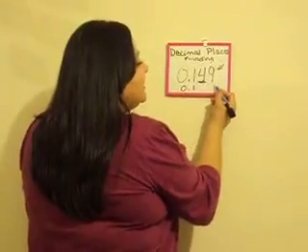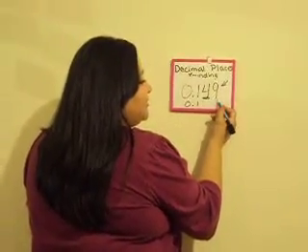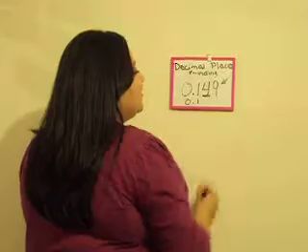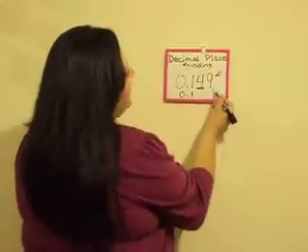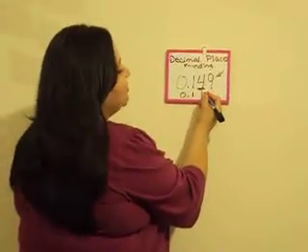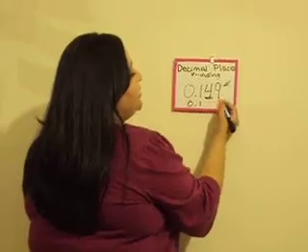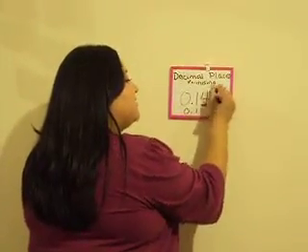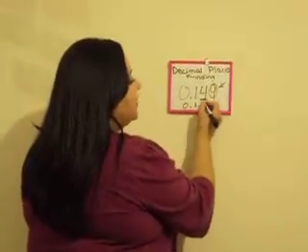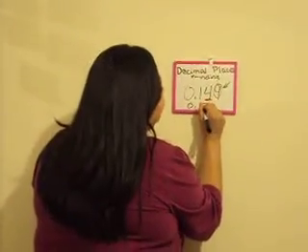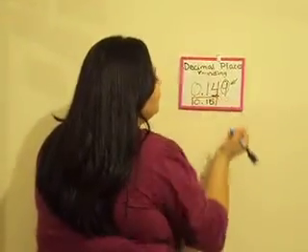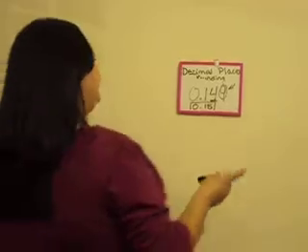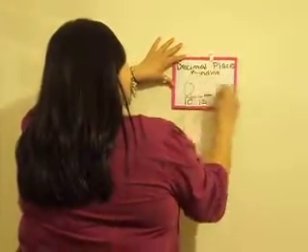Then we look at the next number after the hundredths place, which is the thousandths place. If it's greater than 5, we're going to add one more to the number we want to round to, which is 4. Since 9 is bigger than 5, we're going to add 1 to 4, which is 5. So your answer would be 0.15.